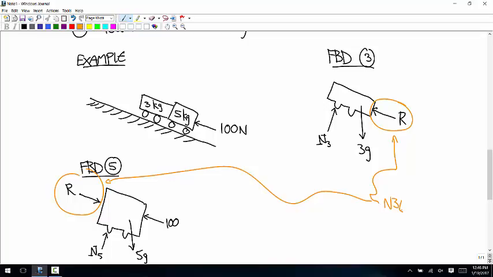Oh, N3 and N5? Yeah, they're in the same direction because the direction of the incline is the same here and here. But both of those forces are perpendicular to the surface where that contact is happening.